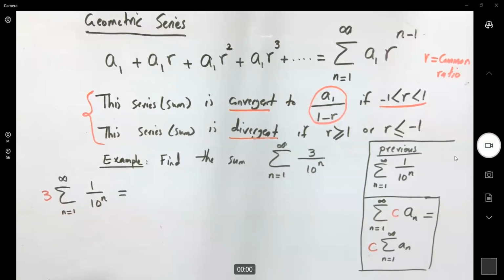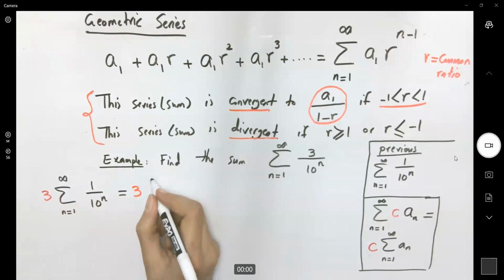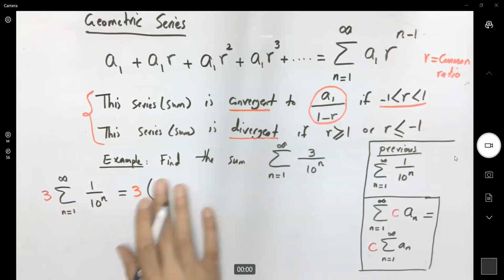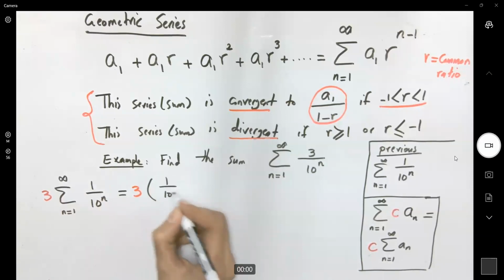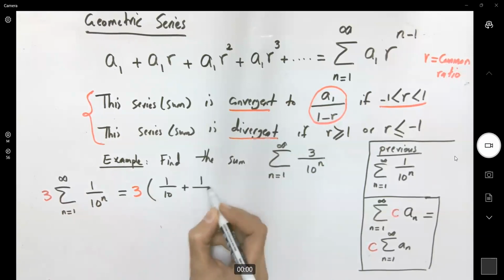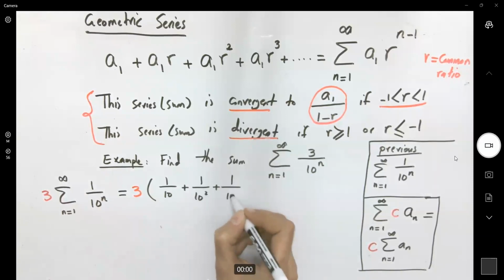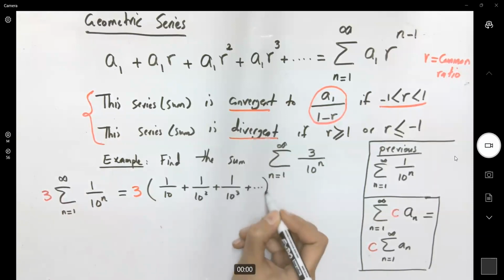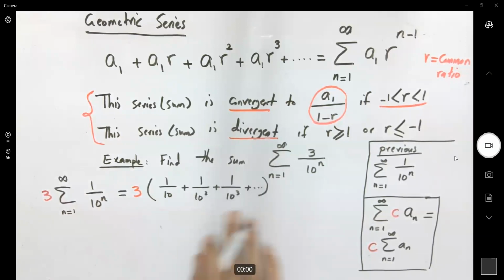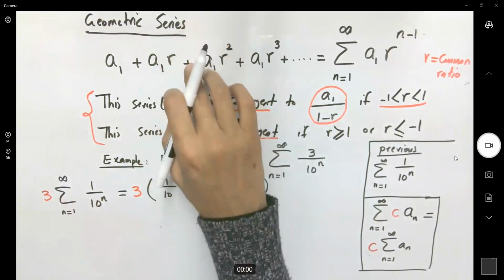Or I can write it this way. I can write it as 3 times 1 over 10 plus 1 over 10 squared plus 1 over 10 to the third plus the rest of the terms. But I already know this is a geometric series.